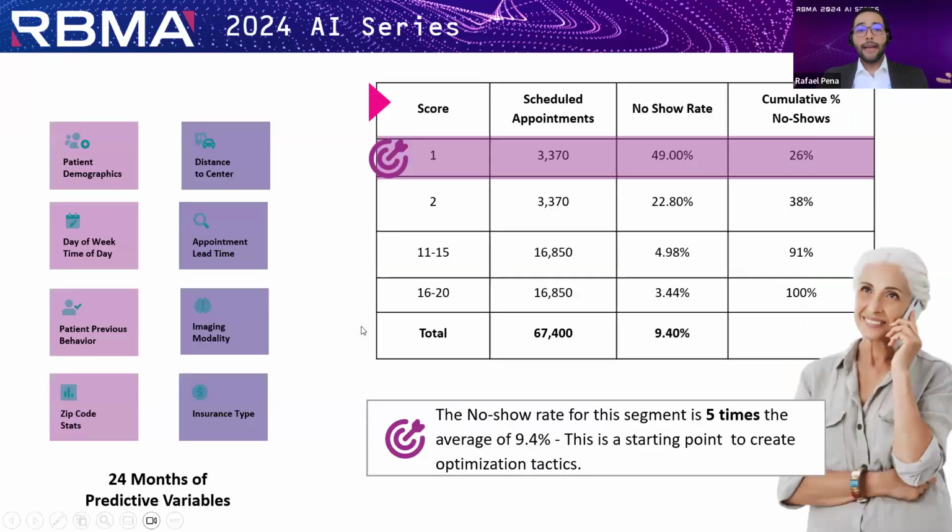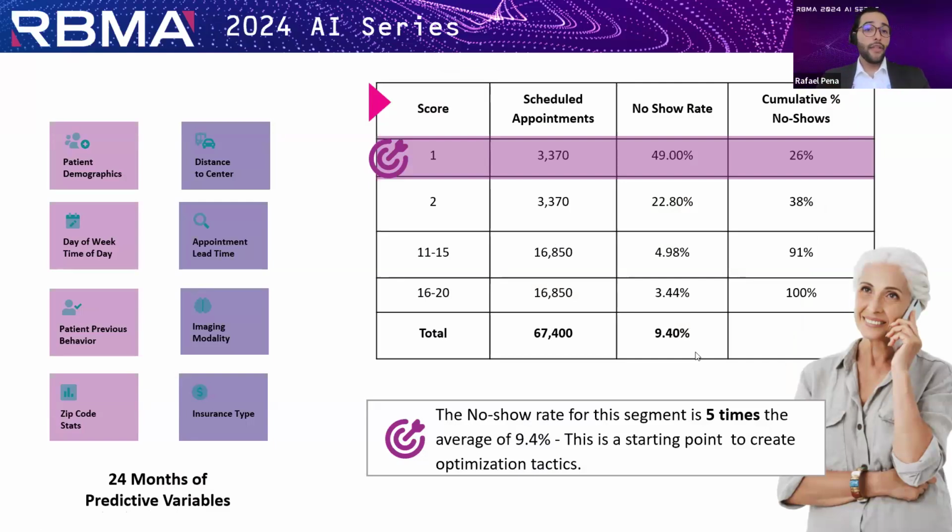And something important here is that we use variables that are readily available. So we use large data sets that are readily available within your information systems already. So things like patient demographics, the day of the week, the time of the day for the appointment, of course, patient previous behavior, zip code, the socioeconomic variables associated to the zip code are also very important.